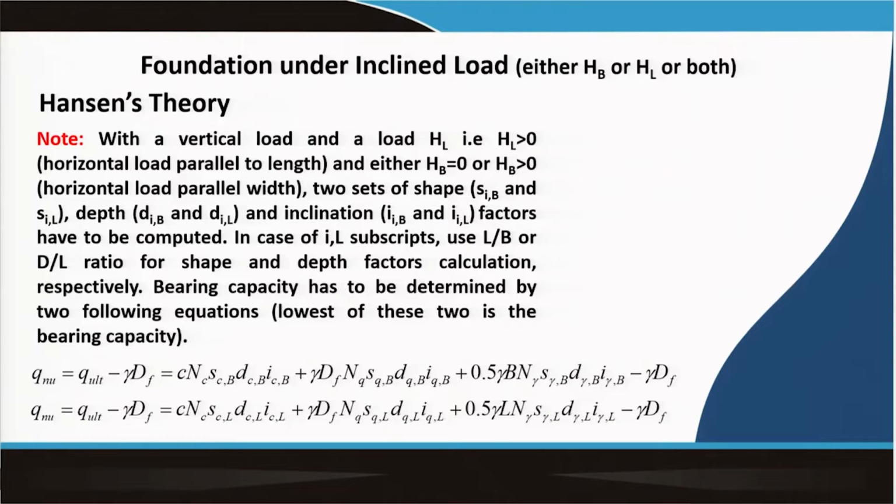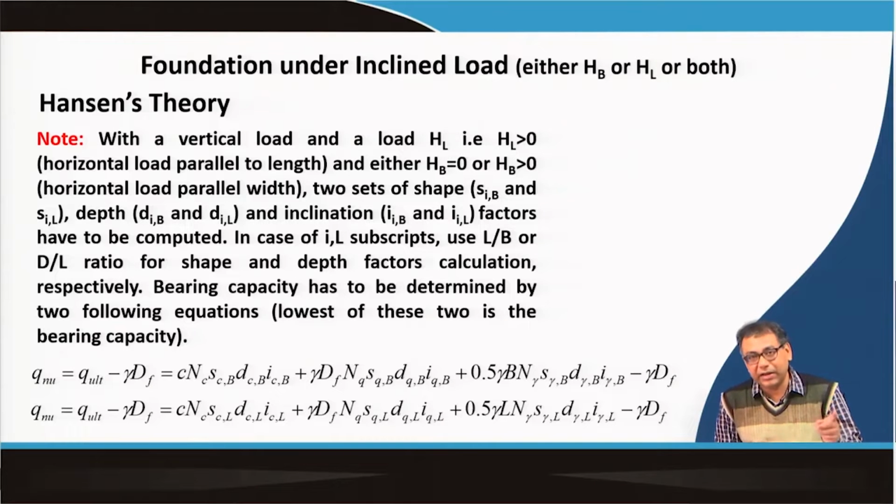Okay. Sometimes in previous problems I have given the inclined load itself, but sometimes the vertical load and the horizontal load can be given separately. That means the footing is under vertical load as well as horizontal load. So, you can get the resultant inclined load, find the inclination with respect to vertical, and solve it like the previous problem.